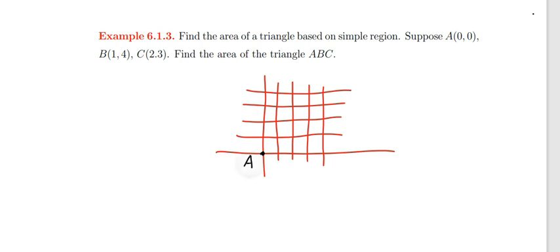So that's A. B is 1, 4. Where is 1, 4? 1, 2, 3, 4, here. So this is B. B coordinate is 1, 4. And C is 2, 3. This is C. So we have this triangle, right?